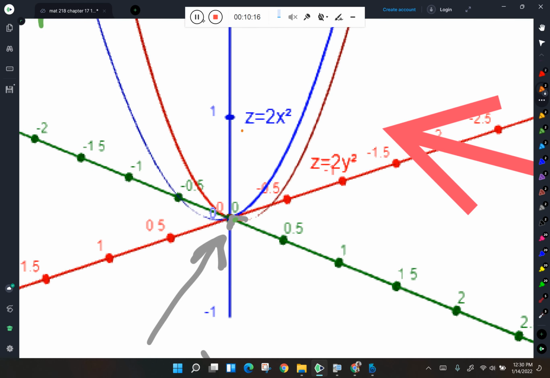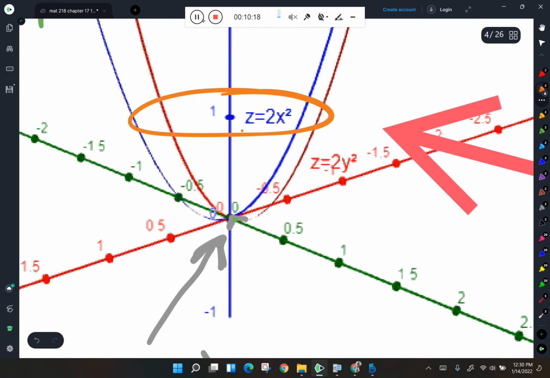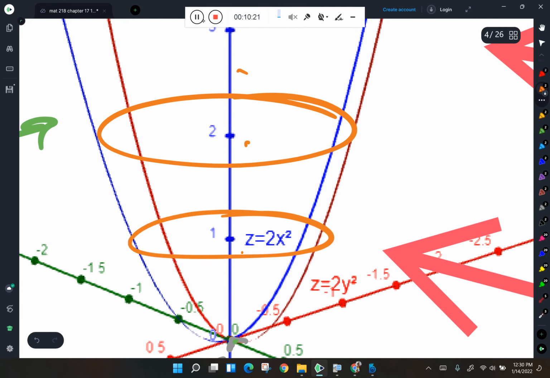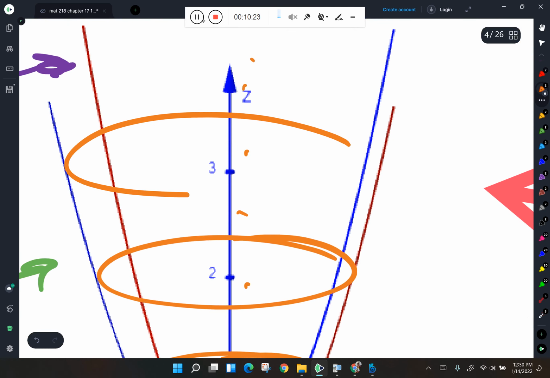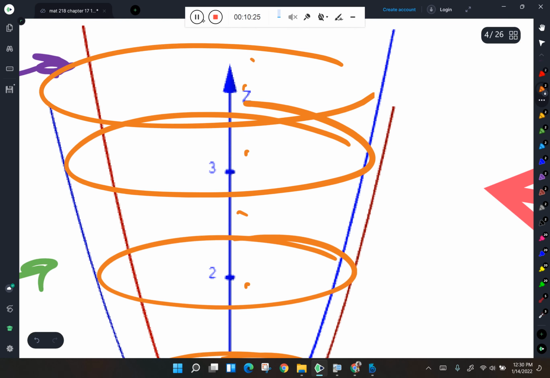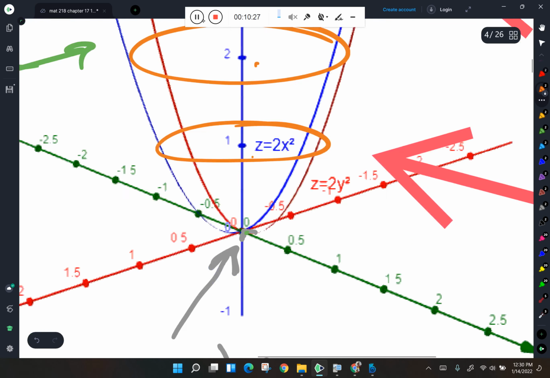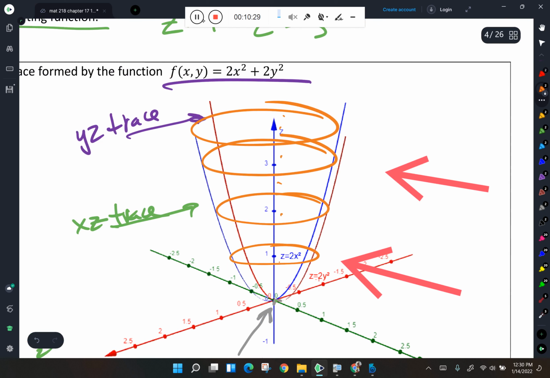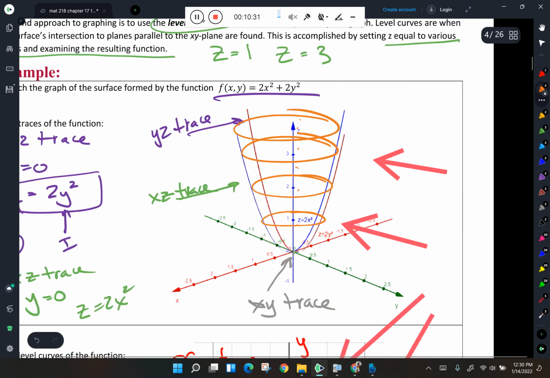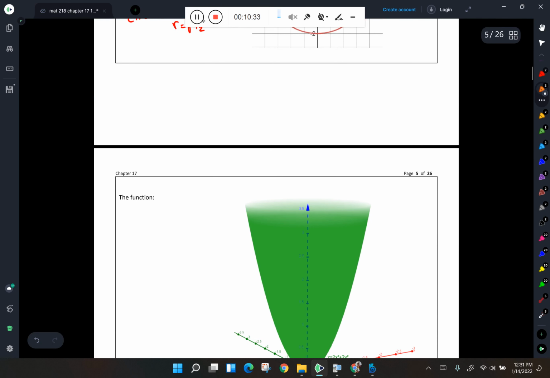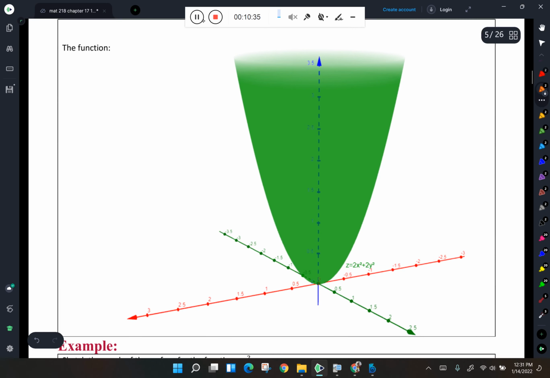So when z is equal to 1, I get a circle. When z is equal to 2, I get a circle. When z is equal to 3, I get bigger and bigger circles. And are you starting to get an idea of what that thing would look like in three-dimensional space now? And hopefully you're seeing something like this, which again is hard to see.